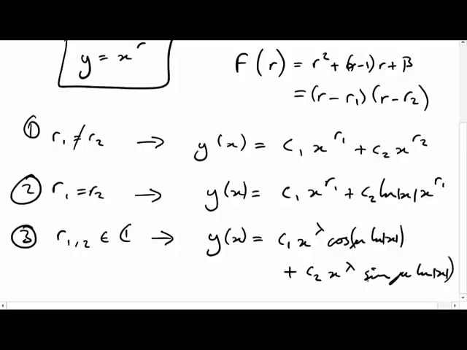So these are the solutions you're looking for, and of course you're looking for r1 and r2. So r1 is equal to lambda plus mu i, and r2 is equal to lambda minus mu i. So these are the solutions that you're looking for, basically.